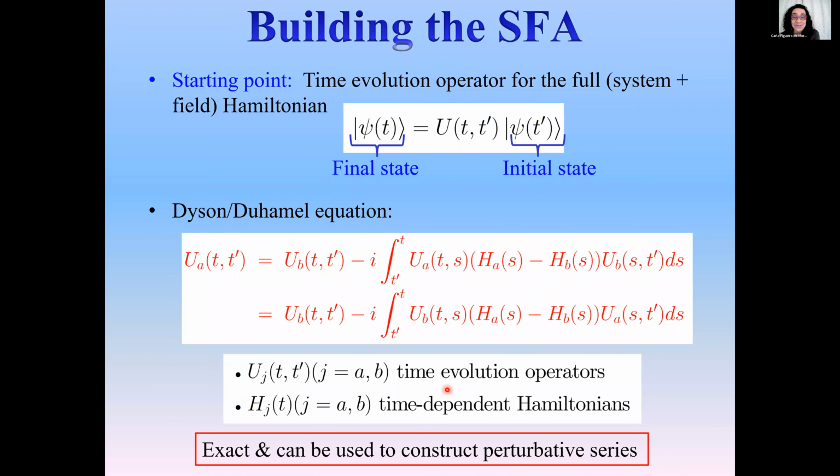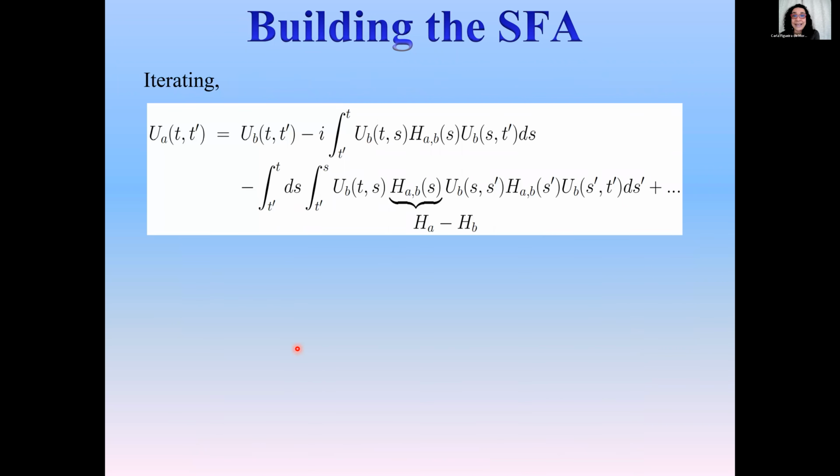At the moment, this is still exact. This is an integral equation. It's just a way of writing the Schrödinger equation in integral form. And if you iterate it, that's when it's tricky. You need to be careful and you need to see what your perturbation is, because when you iterate this series, you get a perturbative expansion.